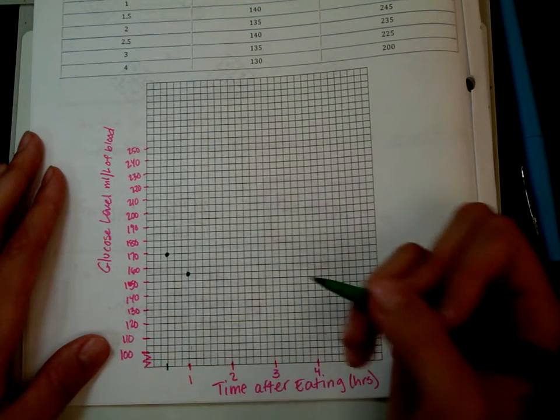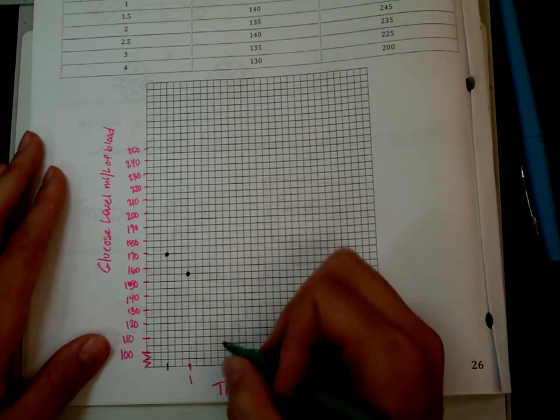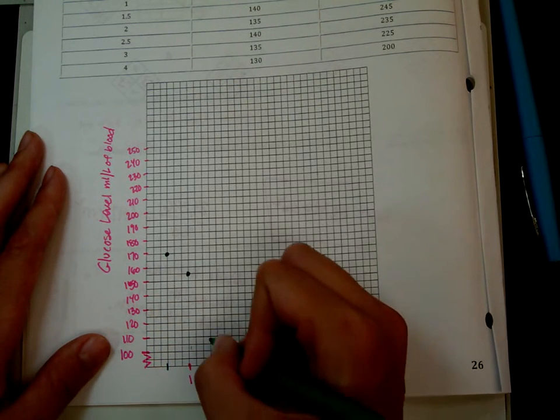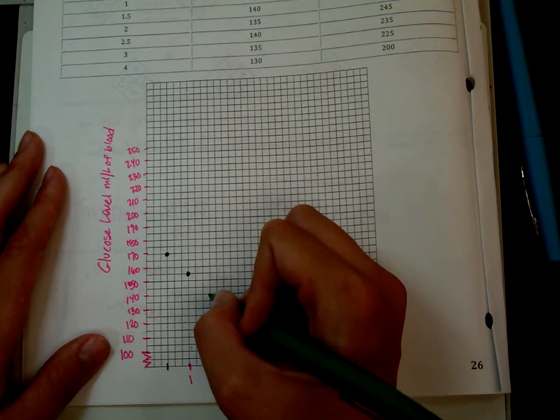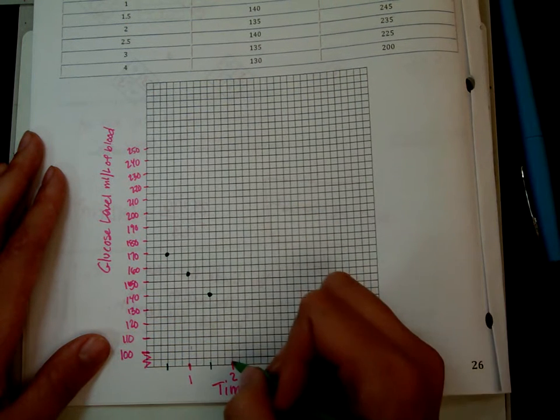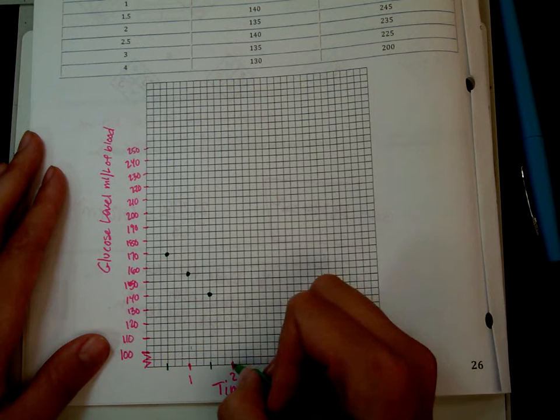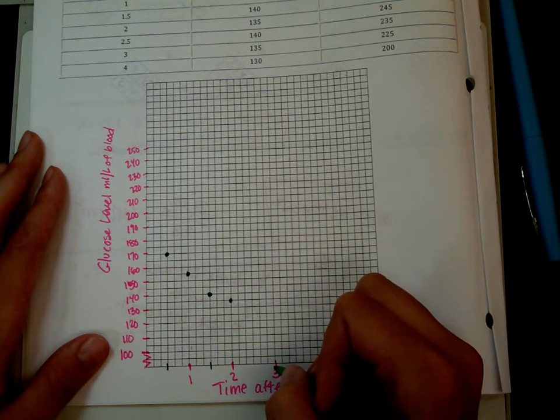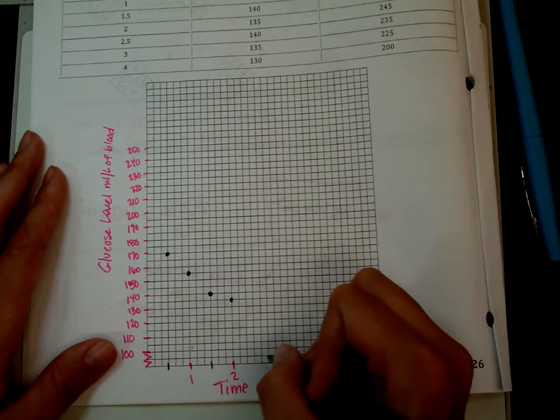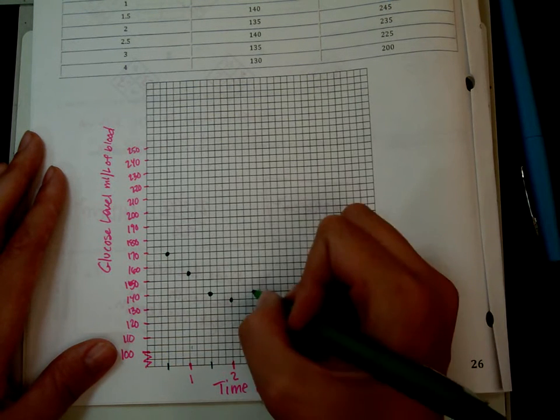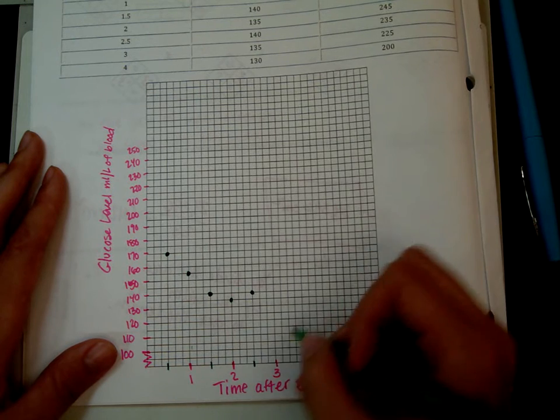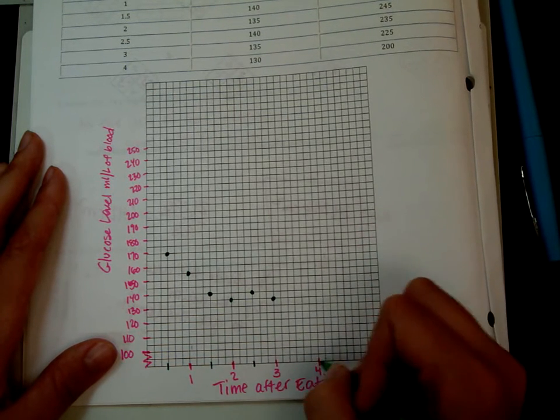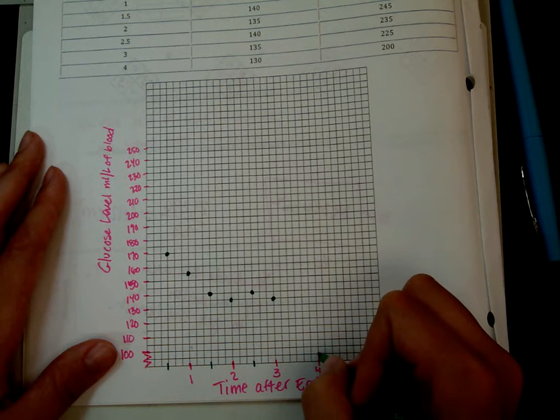At 1.5 hours, it's 140. At 2 hours, it's 135. At 2.5 hours, it's 140. At 3 hours, it's 135. And at 4 hours, it's 130.